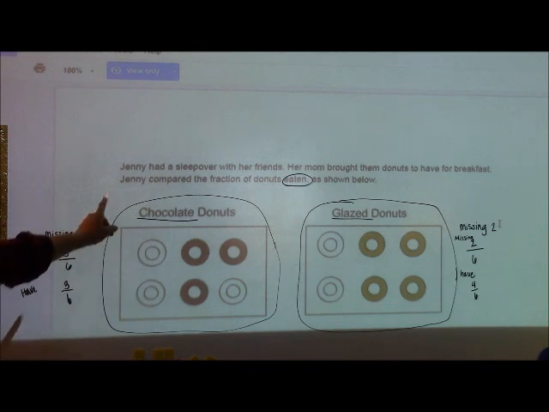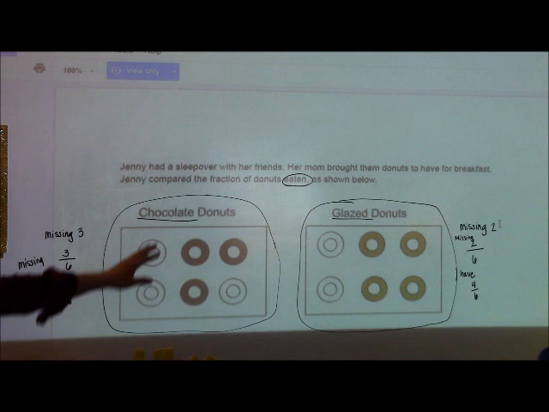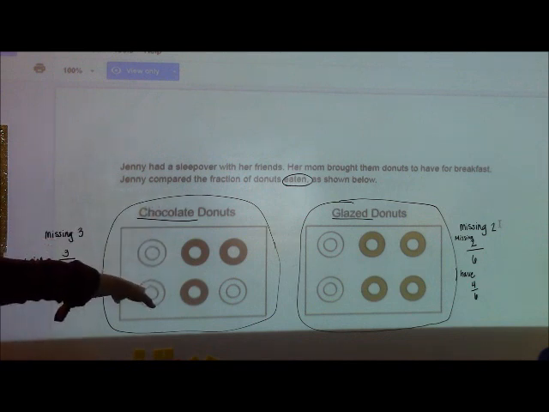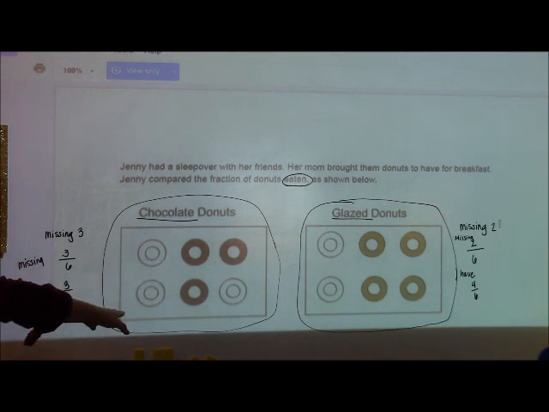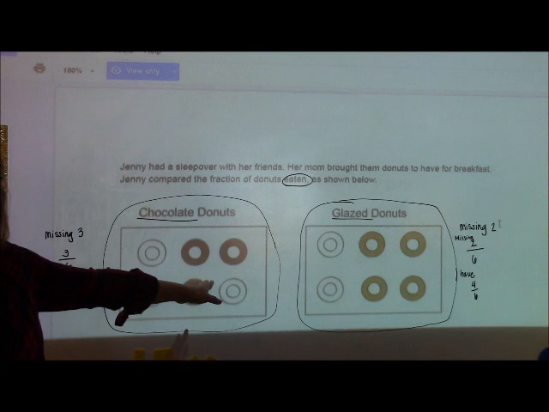Based off of this, what can I infer about these pictures? Based off of what I just read, what can I infer about these pictures? Because I'm making an inference. We remember that an inference is our text clues, which is the picture, plus our background knowledge equals that inference. Remember?